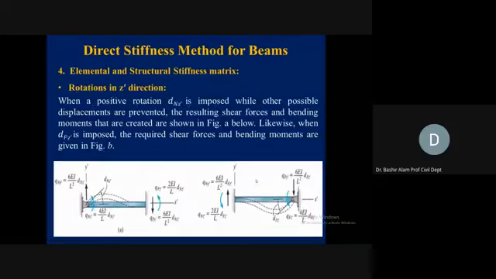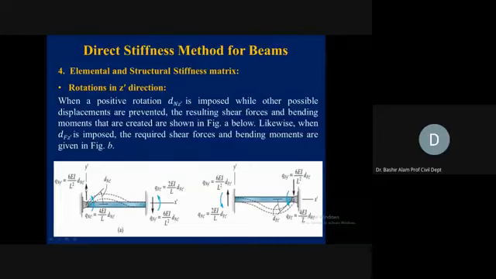Now rotation is left. At the near end, if we provide a counterclockwise rotation, how much member end moment will be produced? 4EI divided by L. At the far end, it will be in the same direction but half of this magnitude, 2EI over L. Since the unbalanced moment is counterclockwise, the balancing moment will be clockwise, and that is 6EI divided by L square.